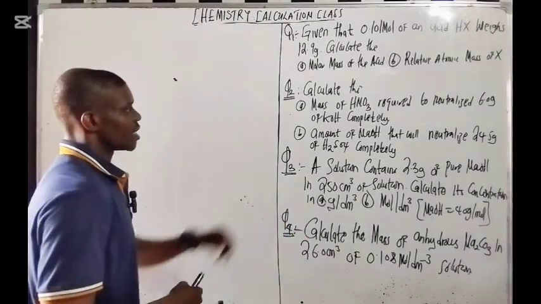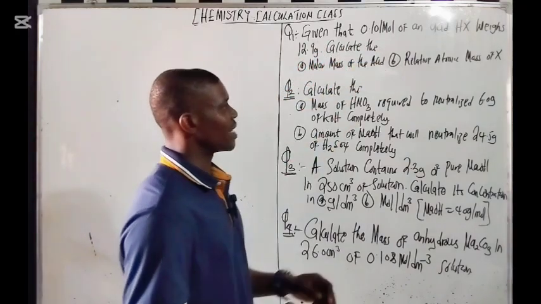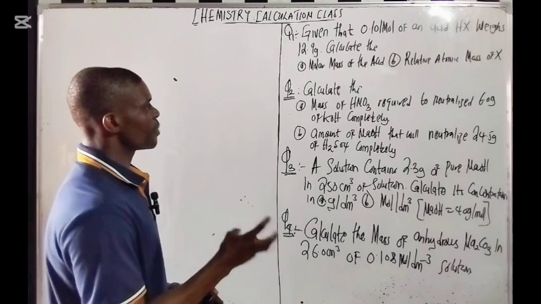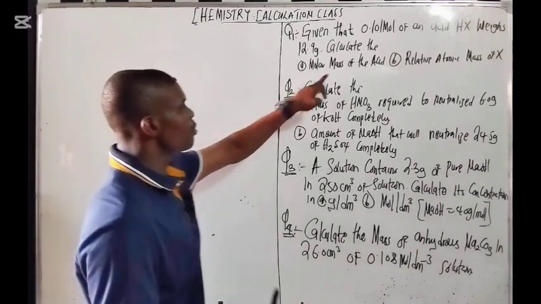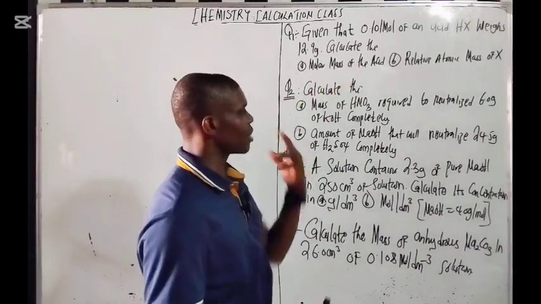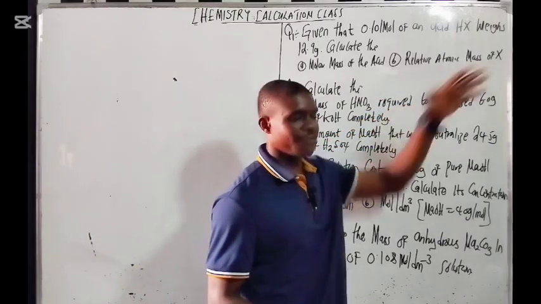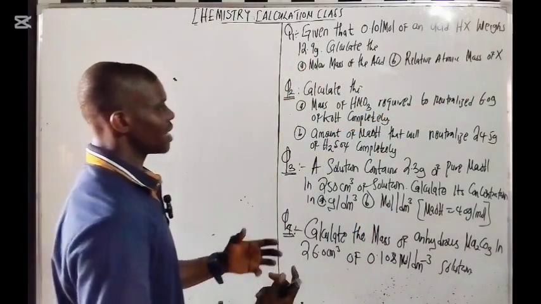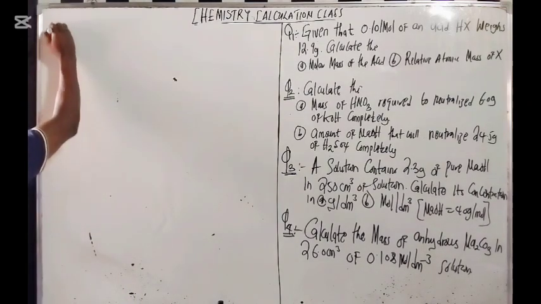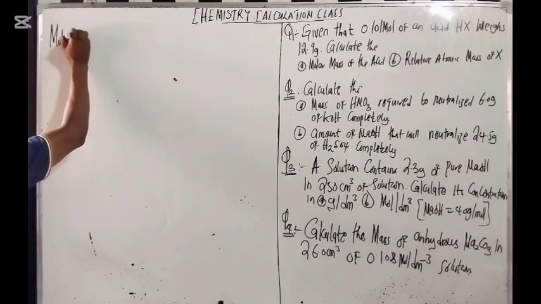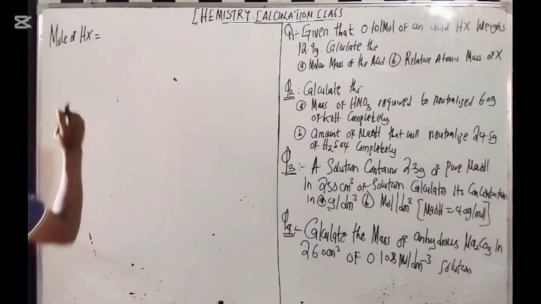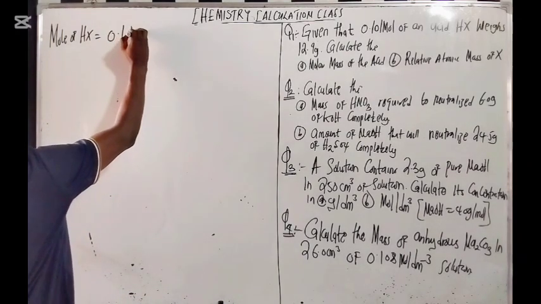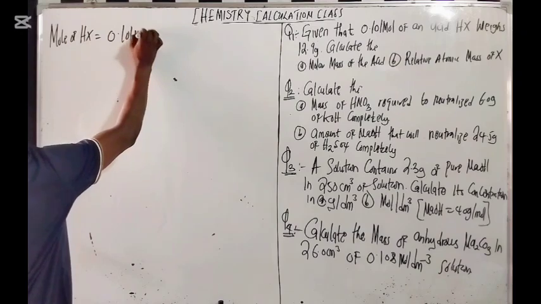They say that given that 0.101 mole of an acid HX weighs 12.9 gram, calculate the molar mass of the acid and relate it to the atomic mass of X. So how do you solve this? Here they gave us the mole of the acid: mole of HX is 0.101 mole.